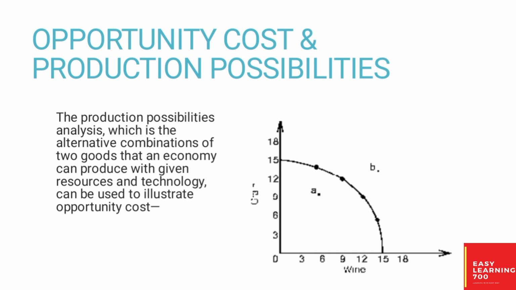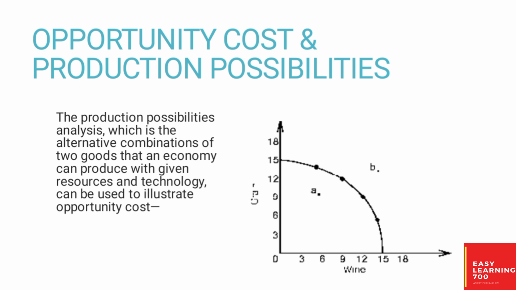Whenever there is ineffective use of resources, you will see the point within the PPF curve. So point A represents that the economy is not utilizing all its available resources effectively to produce goods and services. This situation occurs when the resources are underutilized or misallocated, which leads to a lower level of production.